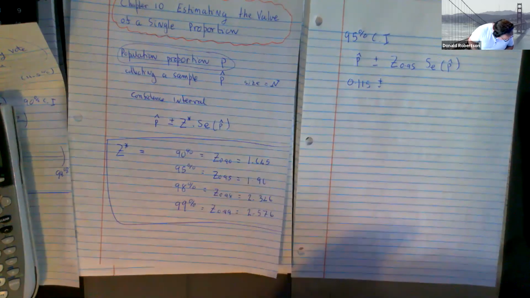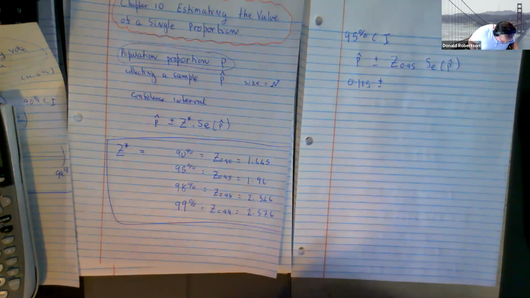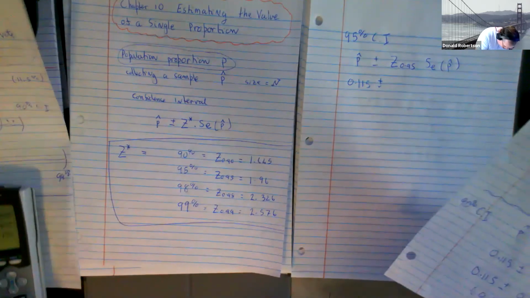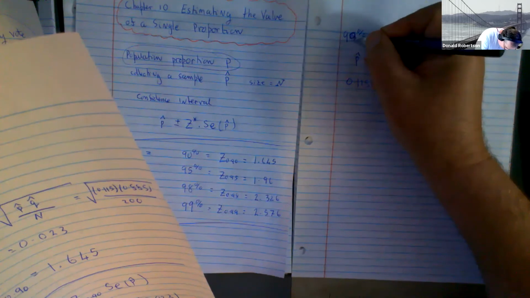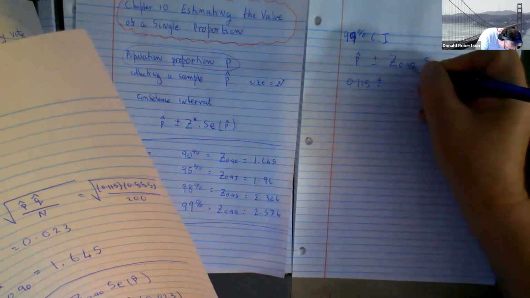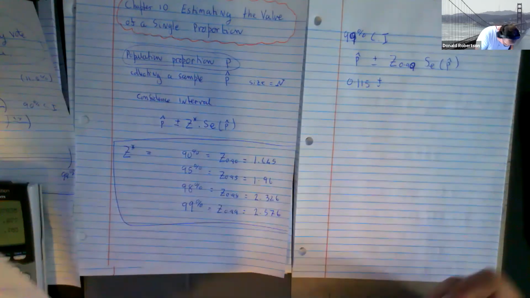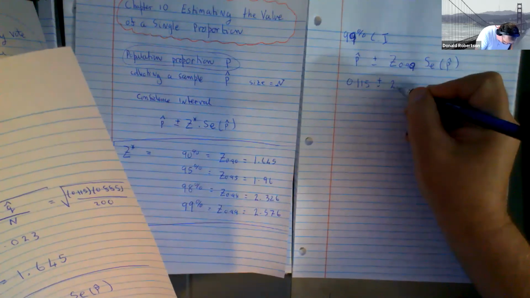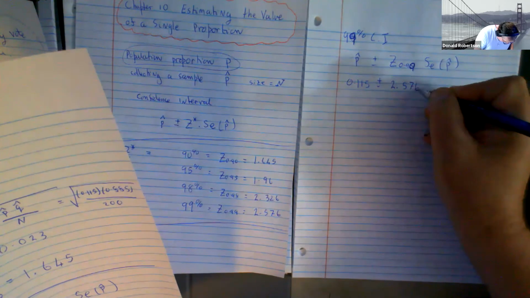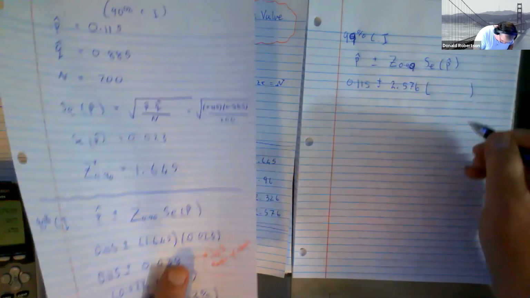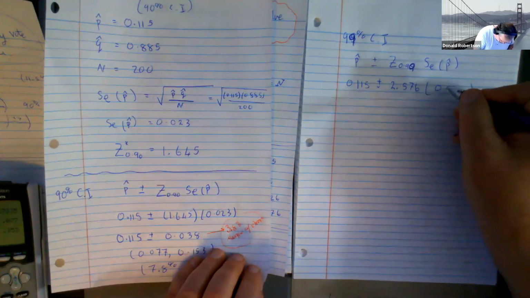I think it was a 95 I chose. Oops. Stick to my story. Let's do a 99. So the only number I need to change is the magic Z-score, and the standard error and all the other numbers stay put.